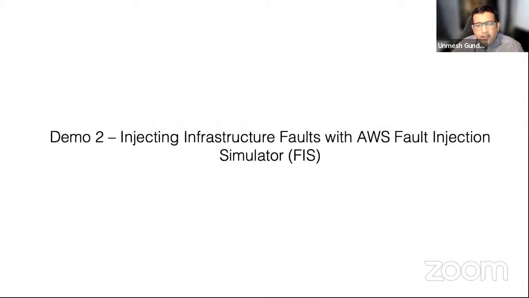All right, so the next demo. What we saw is the application level fault. Now we'll see infrastructure level fault. What is an infrastructure level fault? It is attacking the infrastructure.